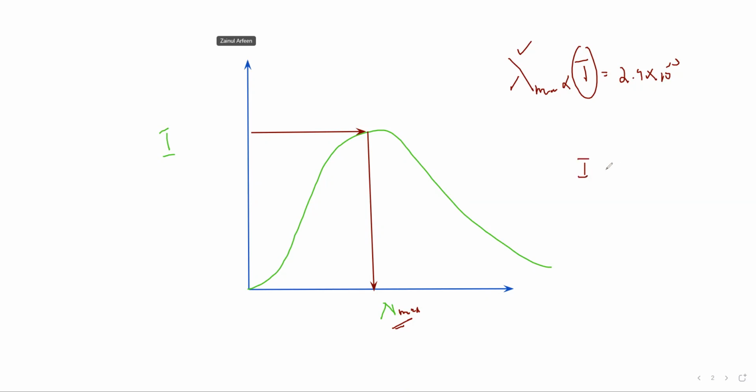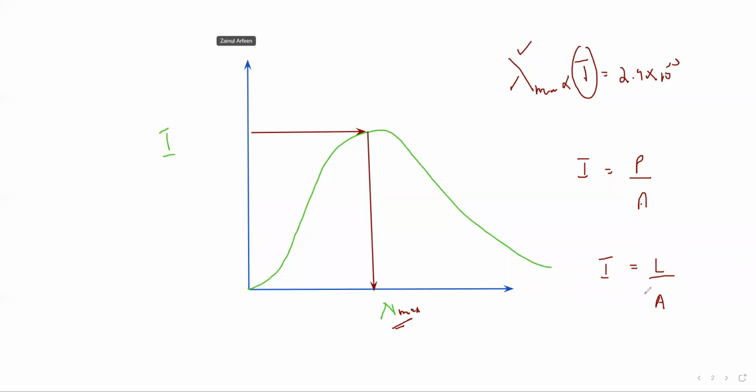Intensity is equal to power per unit area. You studied this formula in AS, in the last topic about light, radiation flux or intensity. That is power per unit area, and in astrophysics, for power we say luminosity. So intensity is luminosity divided by area.